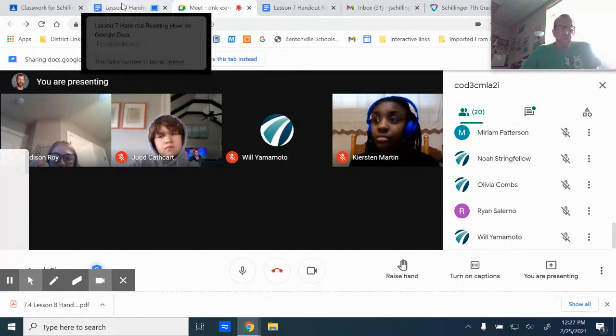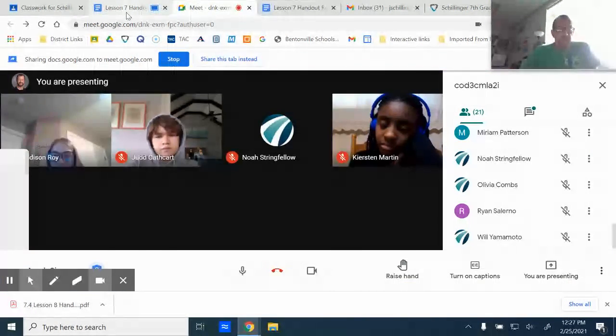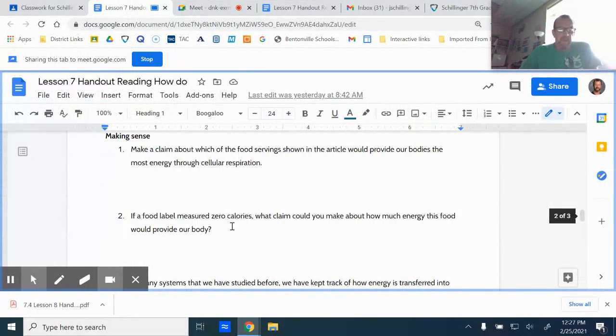Noah, which one of these provides the most energy for our body? Maple syrup, maple drink, or natto? Maple syrup, very good. It has 200 calories per serving versus 30 and 60. So that's all you're going to do for that question. You're just going to write down which one has the most energy.